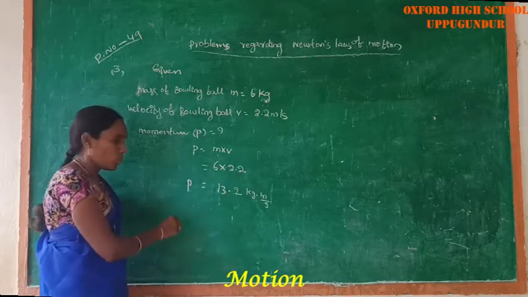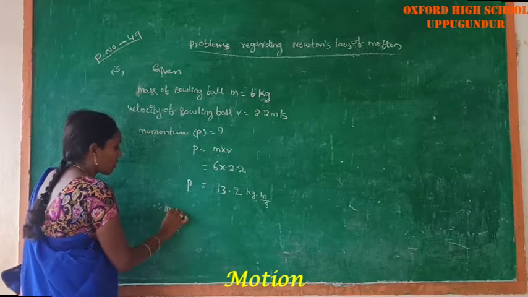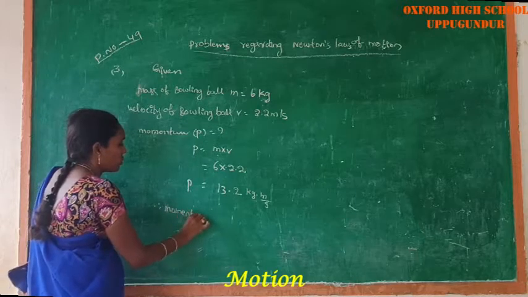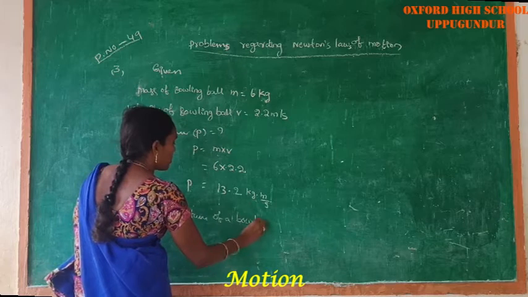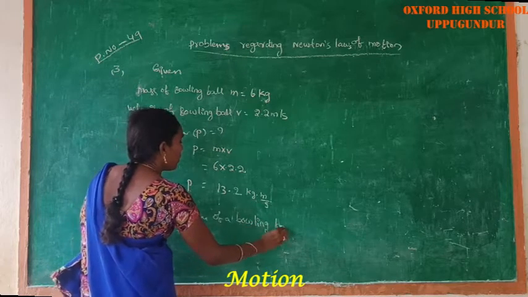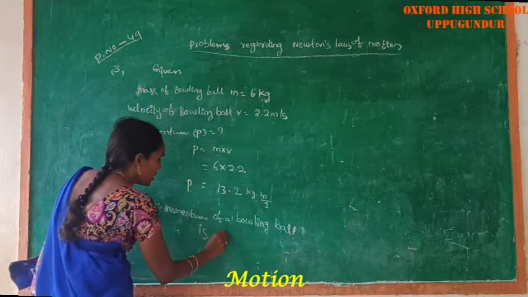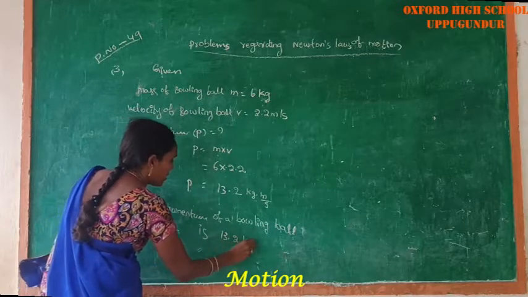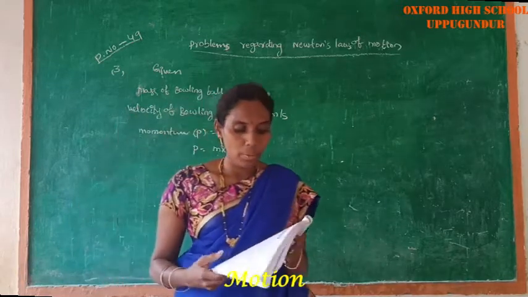The momentum of the bowling ball is therefore 13.2 kg meter per second.